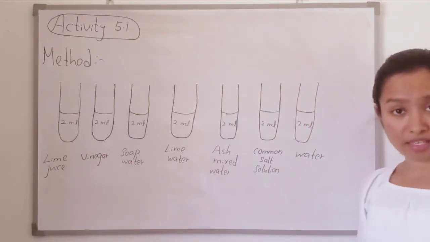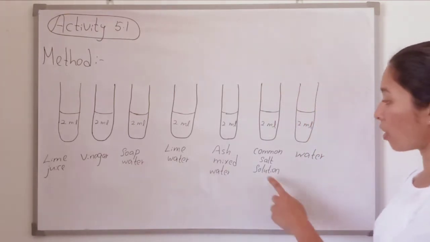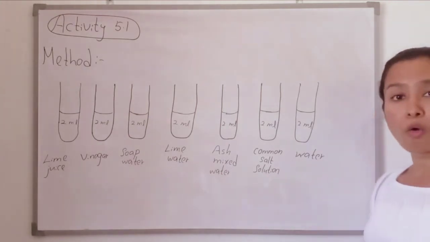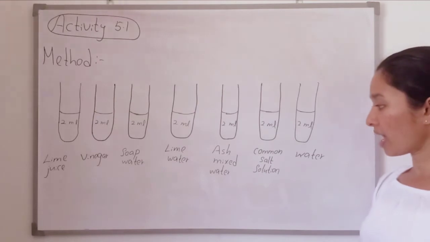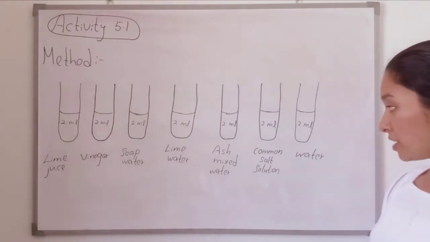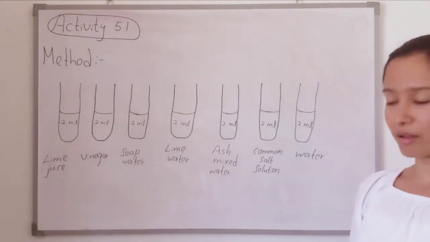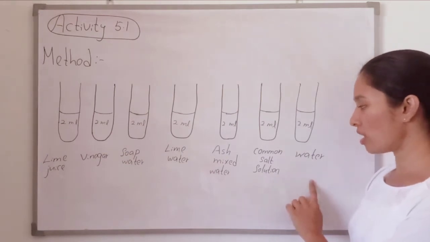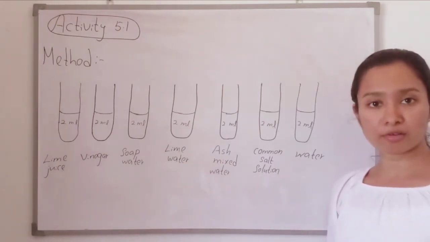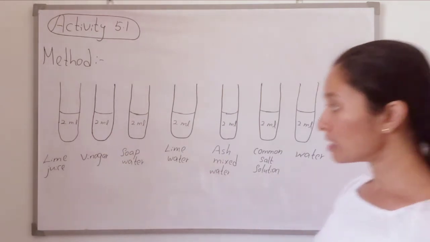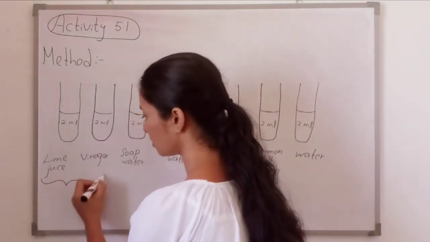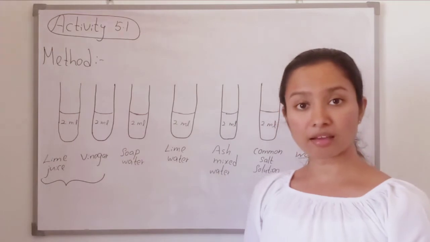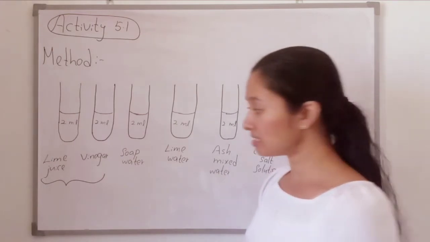We cannot see color changes in the common salt solution and water because they are neutral solutions. I have discussed neutral solutions previously. But lime juice and vinegar, what are those? Lime juice and vinegar contain acid. They are acidic solutions.